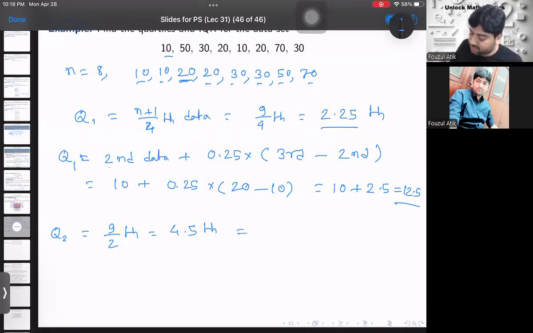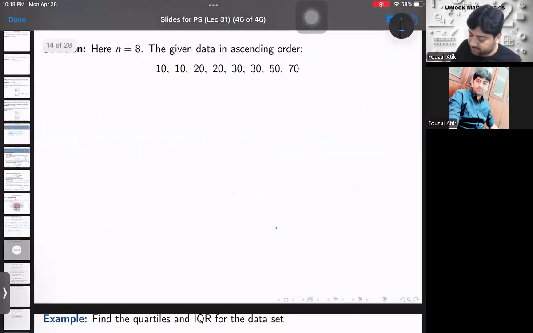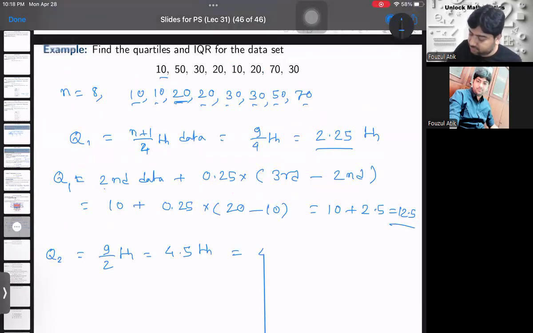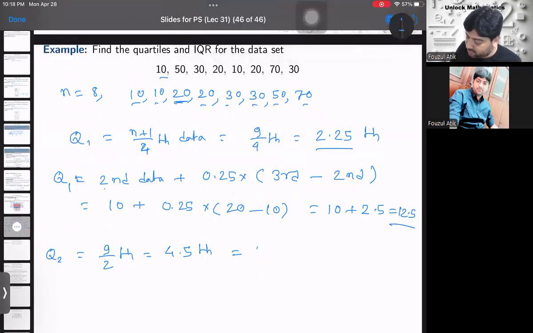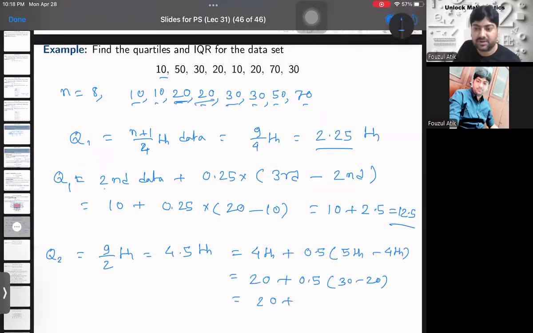Therefore Q2 is equal to the fourth value plus 0.5 times the fifth value minus the fourth value. The fourth value is 20, plus 0.5 times the fifth value, 30, minus 20. So 20 plus 10 times 0.5, which is 5.